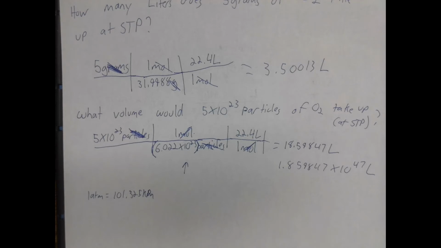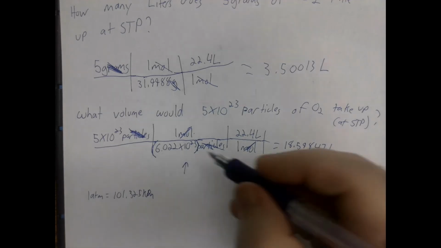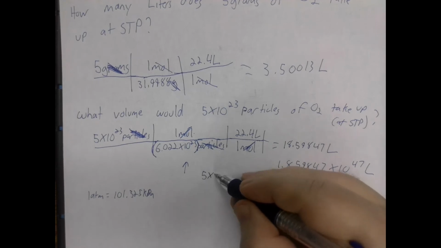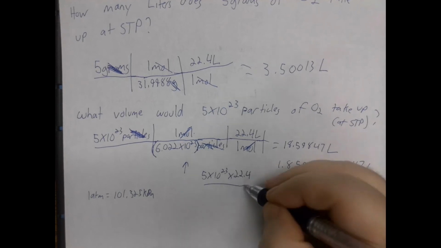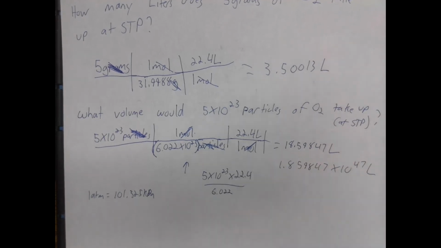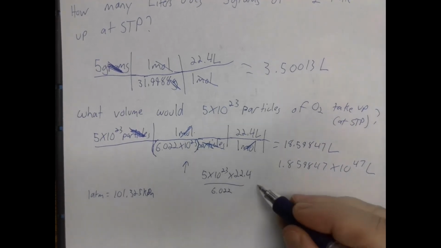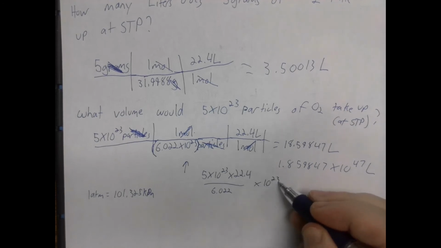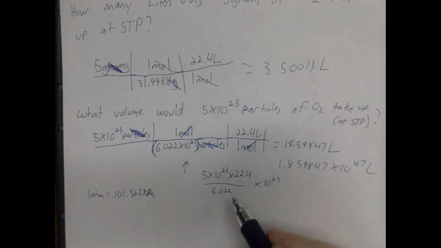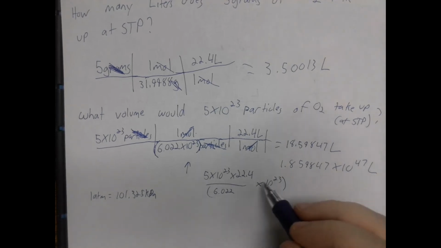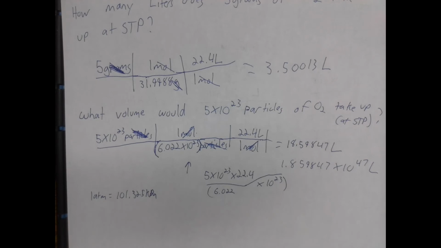It has to be right. Yes, that's what you should do, is know it's wrong. Because what you typed in was 5 times 10 to the 23 times 22.4 divided by 6.022. Because you didn't put parentheses around it, you then multiplied it by 10 to the 23. To put this on the denominator, you need to tell the calculator it's connected. It doesn't matter if it's on top.